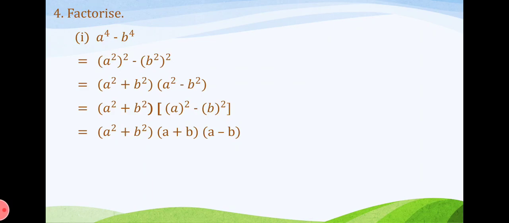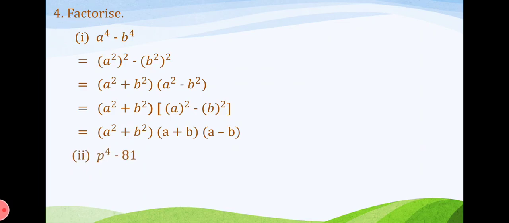So in such expressions we are applying the third identity two times. Twice the third identity is applicable in such type of expressions. So the factorization of a raised to 4 minus b raised to 4 is a square plus b square into a plus b into a minus b.